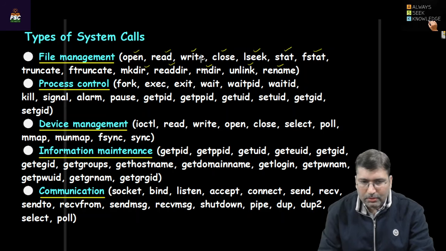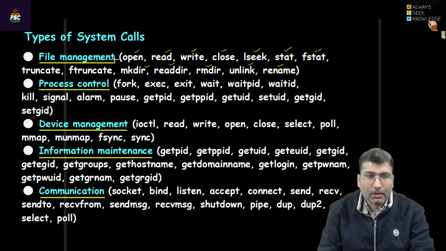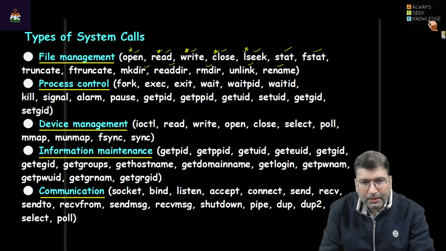Now let's quickly look at all these system calls through the manual. So I'm just highlighting. In your syllabus you need to study primarily these: open, read, write, close, lseek, and we will also discuss mkdir, readdir.